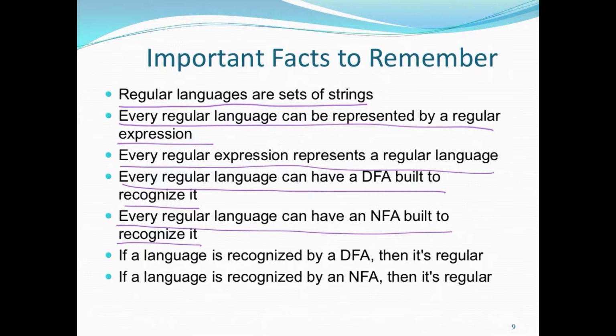If I show you something that's an NFA, it may not be a DFA because it may have 2 out transitions for the letter B, or it may not have an out transition for some letter. But if it's already a DFA, the DFA rules are much stricter. If it satisfies the DFA rules, it satisfies the NFA rules. And if you've got a language recognized by a DFA, it's regular. If a language is recognized by an NFA, it's regular.